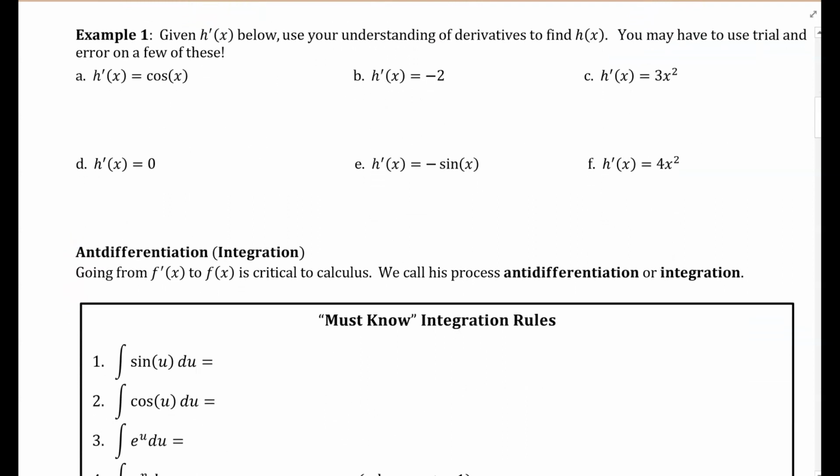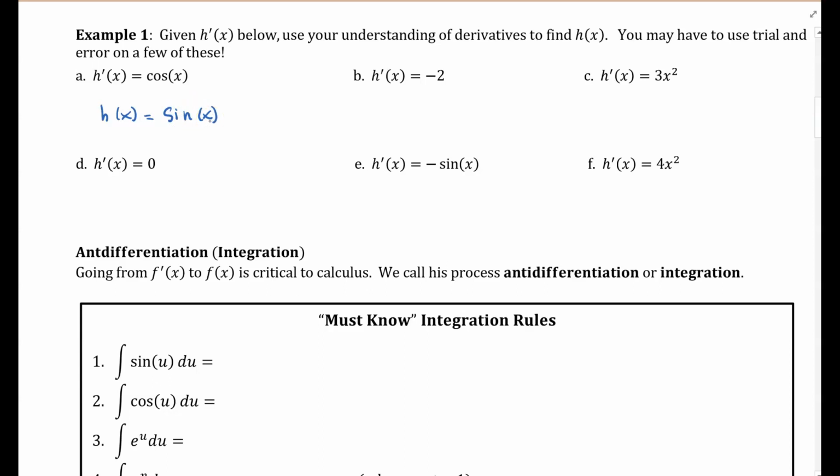So I have example number 1, and it says, given h prime below, use your understanding of derivatives to find h of x. Okay, A, if h prime of x is equal to cosine of x, well, I know that in order to get cosine of x, that's the derivative of sine. So h of x must be sine of x.